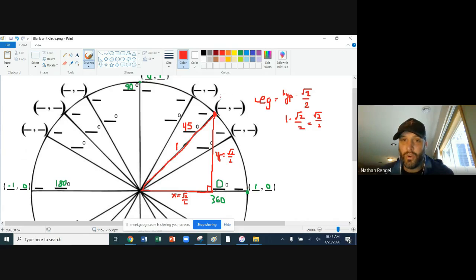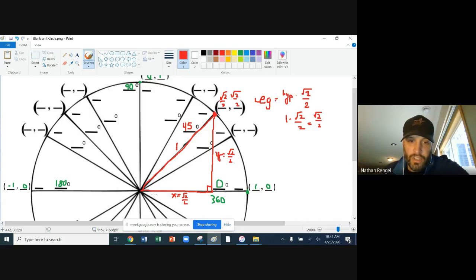So that tells me that the coordinates of this point are square root of 2 over 2, and square root of 2 over 2. So there are our 2 coordinates for that 45-degree angle. That's the position of this point on the coordinate plane: it's got an x coordinate of square root of 2 over 2, which is the length of this leg, and a y coordinate of square root of 2 over 2.